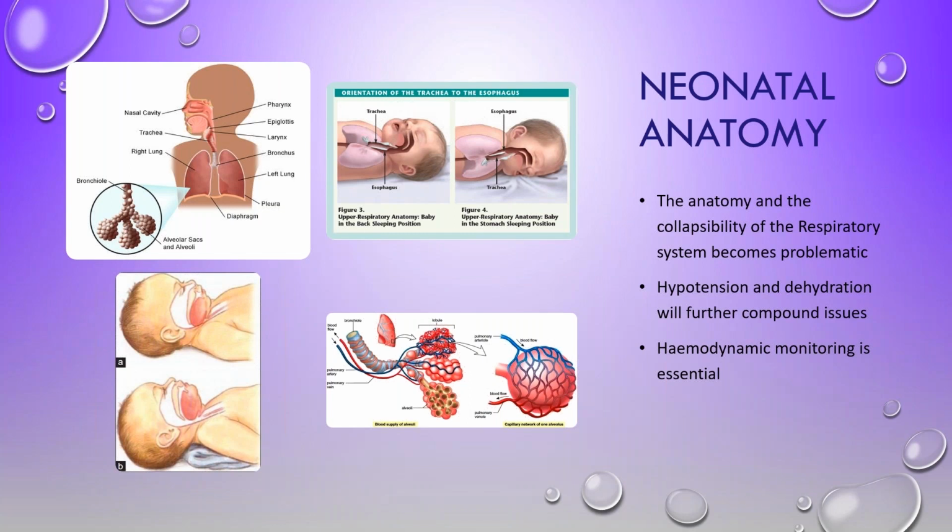Also remember that the younger the baby, the more incomplete the entire airway will be, and that will contribute to its collapsibility, meaning that it will collapse. Remember that the airway, or the respiratory system, sits on top of the GIT system.